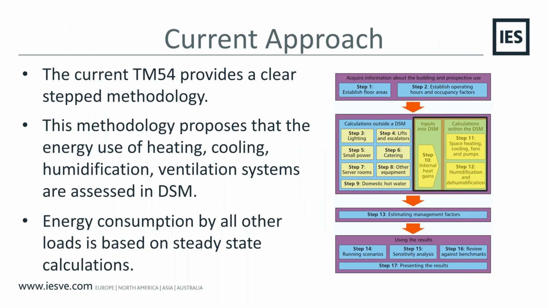So moving on now to look at the current guidance and the approach provided in TM54. The methodology set out proposes that the energy use of complex systems such as the heating, cooling, humidification, dehumidification, ventilation systems should all be evaluated using some form of dynamic simulation model.